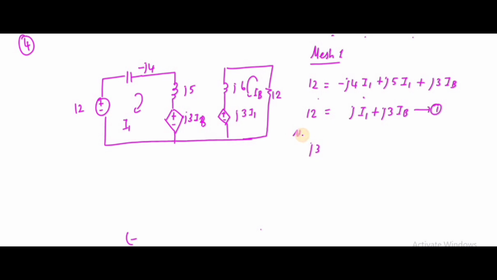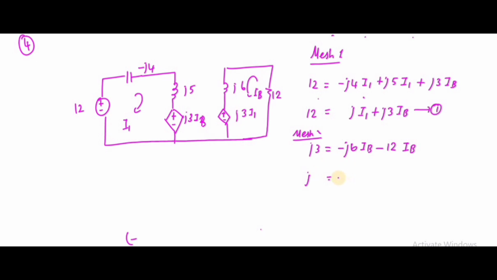For the second equation, for mesh 2, J3 I1 is equal to minus J6 IB minus 12 IB.